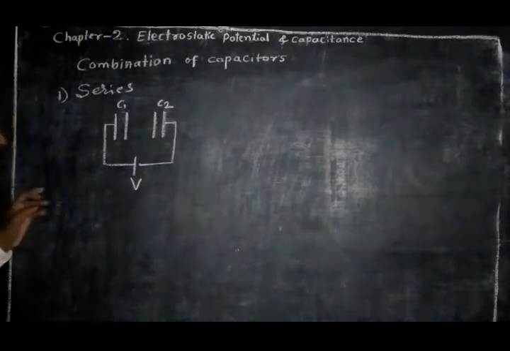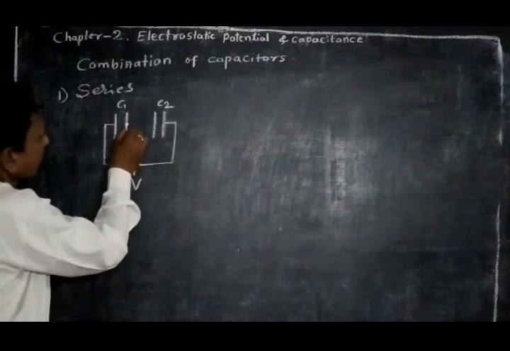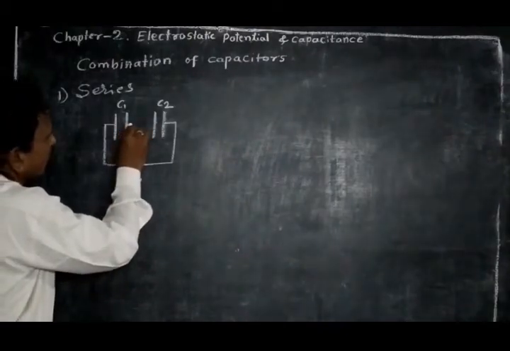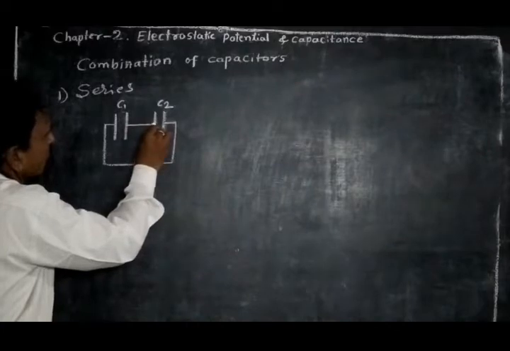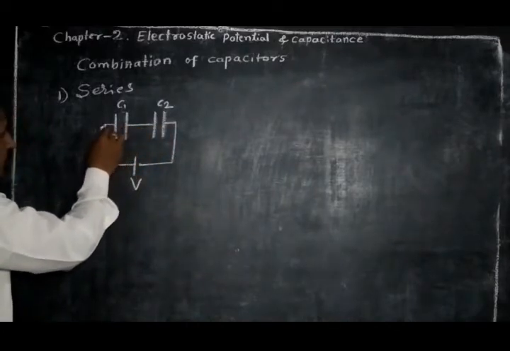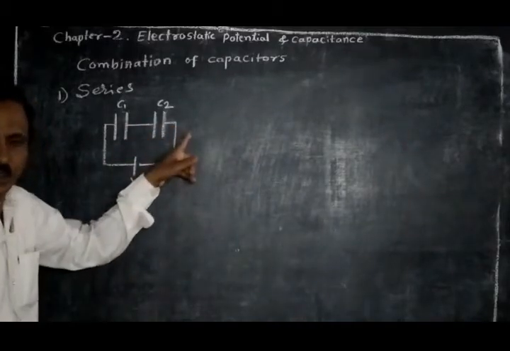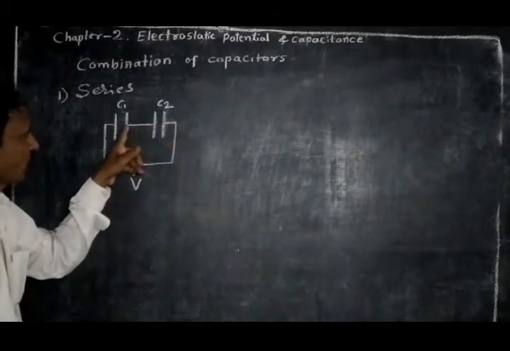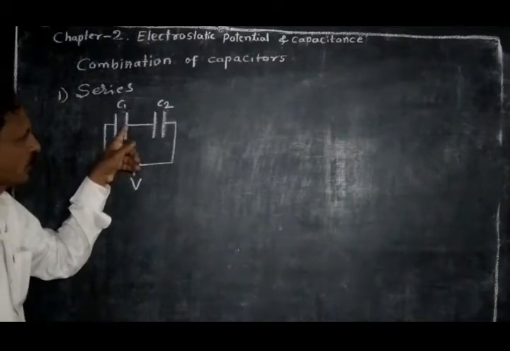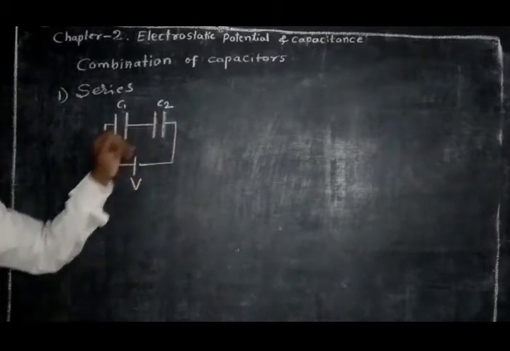Let phi be the potential difference across this combination. The first plate of the first capacitor is connected to the battery, and the second plate of the first capacitor is connected to the first plate of the second capacitor.